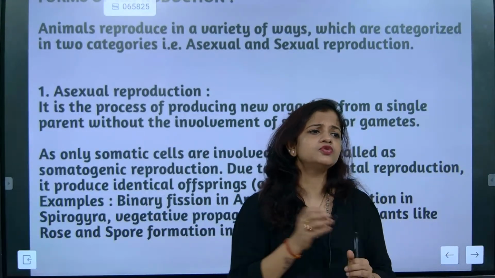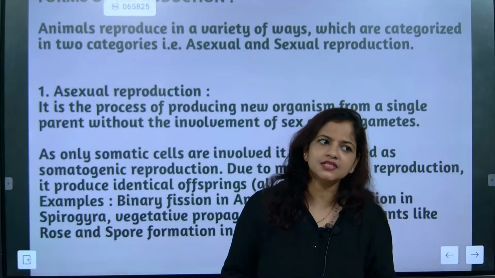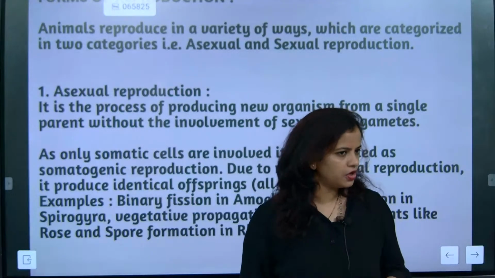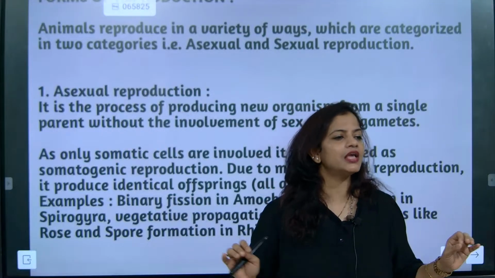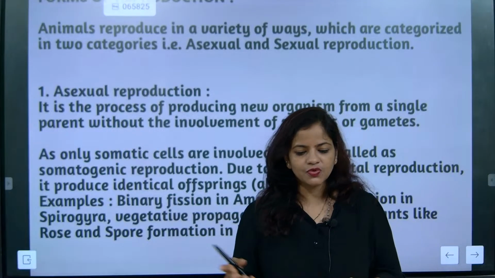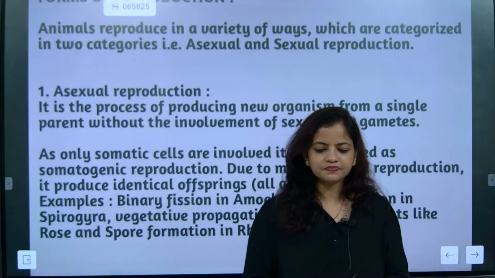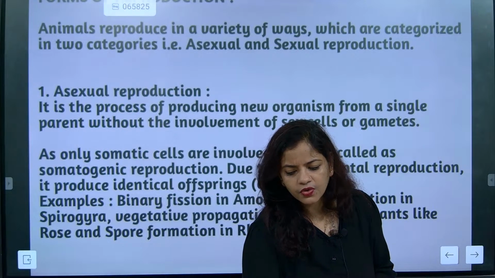Unicellular organisms do not have specific cells, which we call sex cells, that are responsible for reproduction. So their body itself is breaking, or fission will be there, different processes will be there. We'll study about it. Understood?